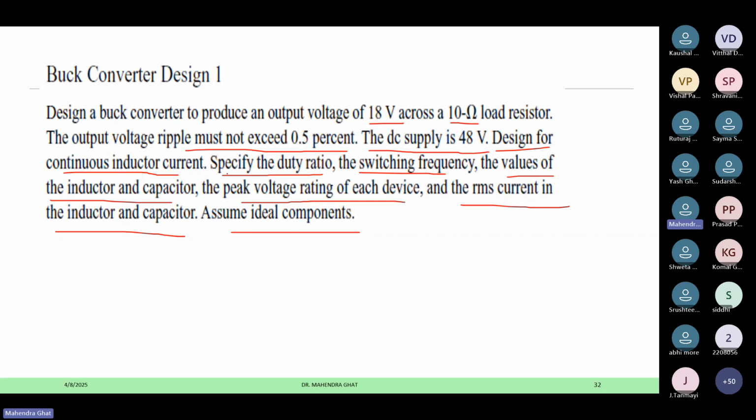And for that, I have to specify the duty ratio, switching frequency, values of inductor and capacitor, peak voltage rating of each device, and the RMS currents in the inductor and capacitor. Correct? So you have to solve this and come up with the solution. We will discuss this solution tomorrow.